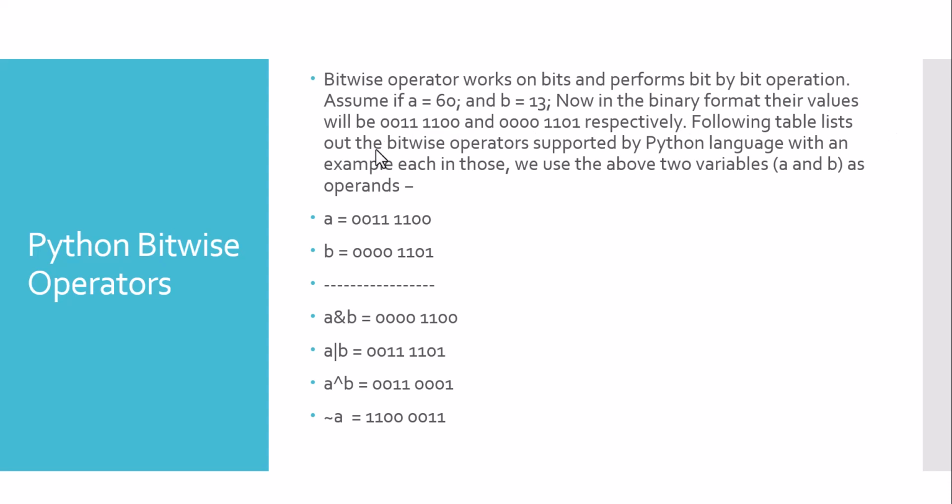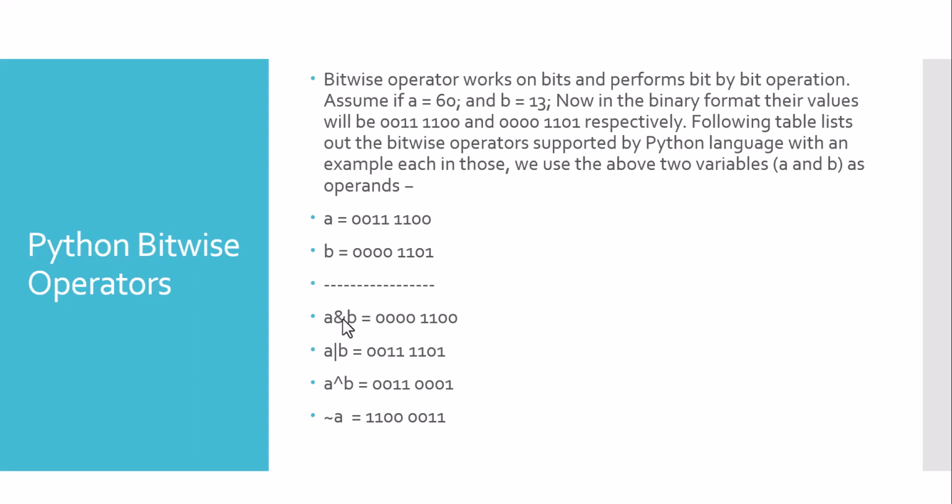The following table lists the bitwise operators supported by the Python language with an example. In each of them we use the above two variables a and b as operands. If you convert 60 into binary, this is the value of a, and this one is b.